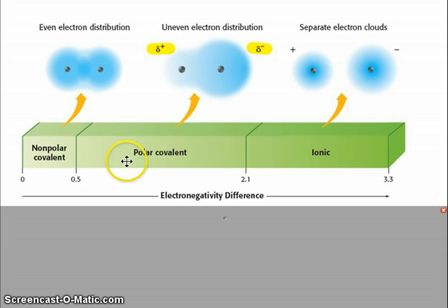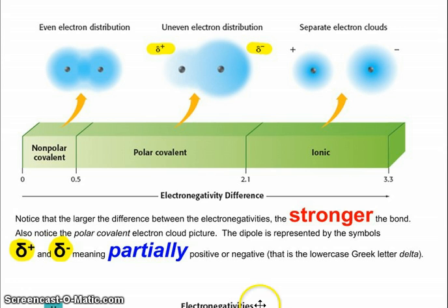In between that is the polar bond. And this is where we see a partially positive and partially negative situation. And here, this would be the more electronegative element that is pulling the electron towards it more. So we have the uneven electron distribution. So we see here that the larger the difference between the electronegativities, the stronger the bond.